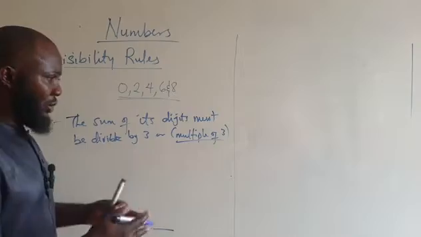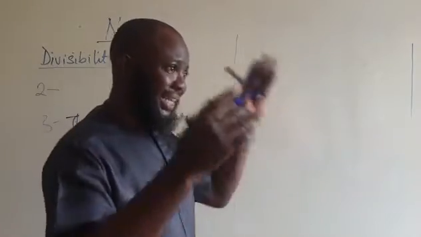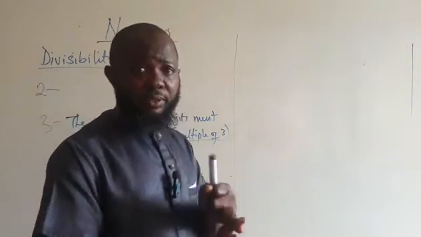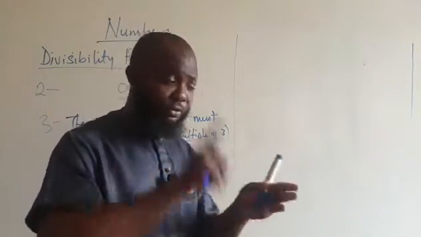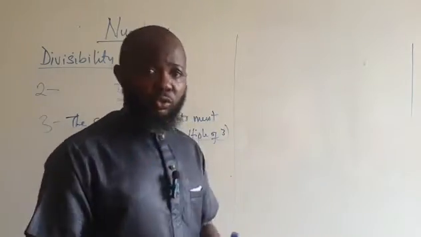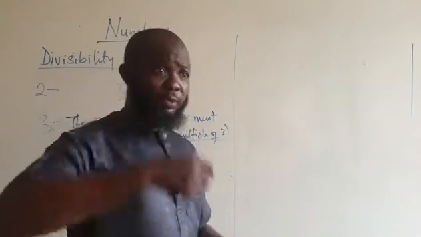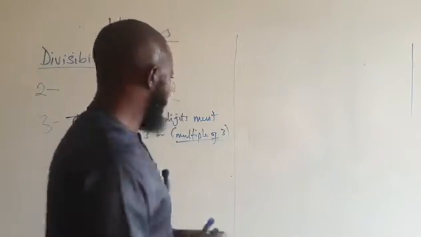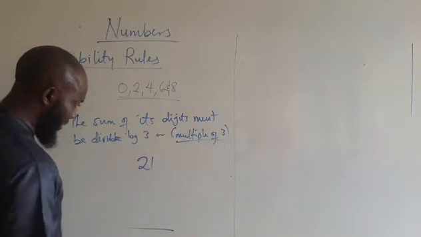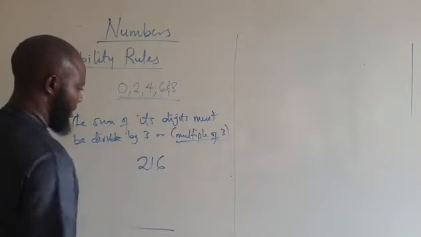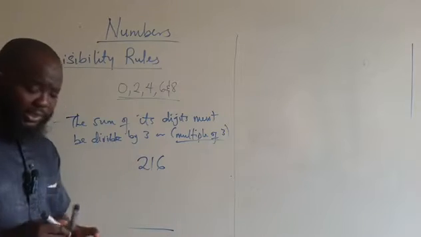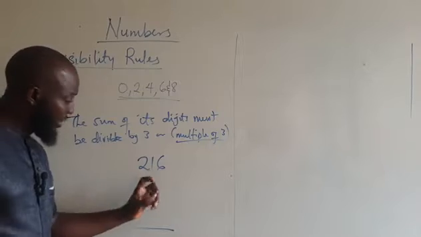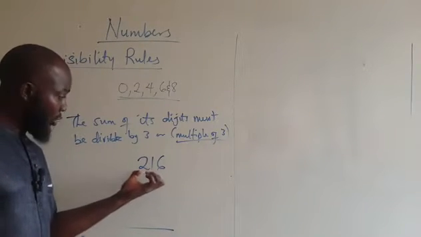There are some numbers that you will know ordinarily that 3 can divide. 3 can divide 3. It can divide 6, 9, 12, 15, 18, 21, and so on and so forth. All those are there because you have a multiplication table in your head. But if you have a larger number, for instance, 216, without this rule, you cannot determine instantly that this number is divisible by 3.